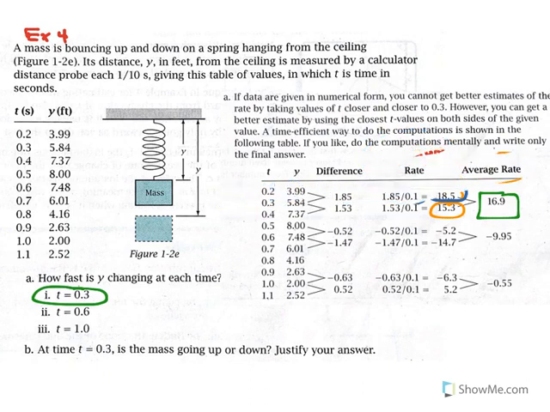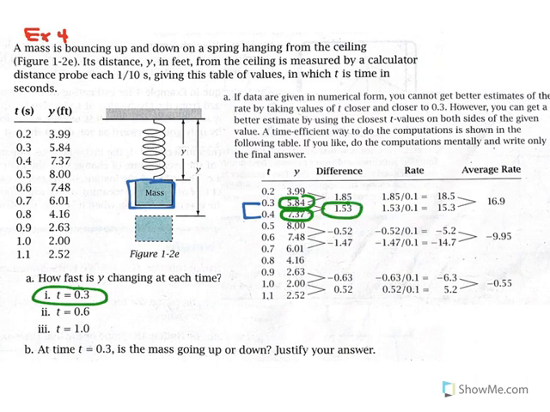Now we're going to find the average rate of change of the mass's distance from the ceiling on the time interval from 0.3 to 0.4 seconds. So we find the change in the distance, so 7.37 minus 5.84. So the change in the distance is 1.53 feet, and the change in time is 1/10 of a second. So we have change in distance divided by the change in time, which would give us 15.3 feet per second.